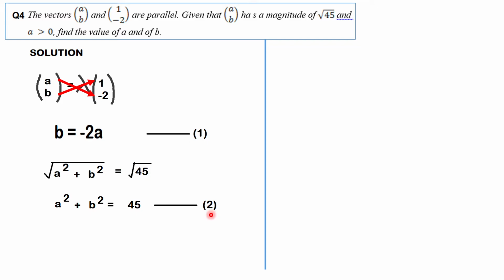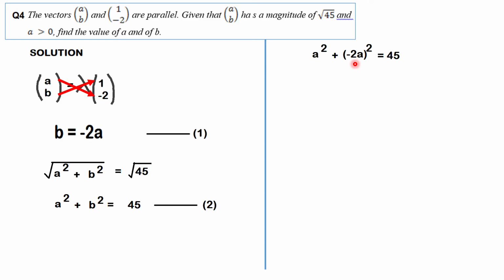Now you have to solve the simultaneous equations. So I'm going to substitute equation 1 into equation 2. Remember, when you substitute, each time you must put brackets. Without the brackets, you might get the wrong answer, and definitely for this case, without the brackets you will get the wrong answer.